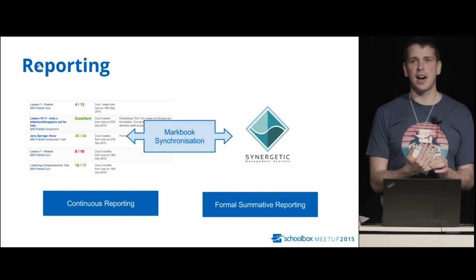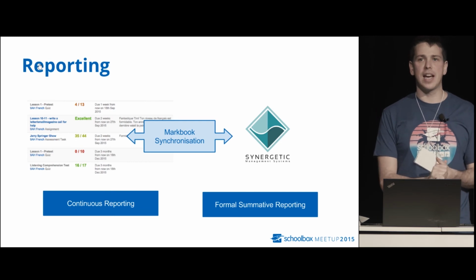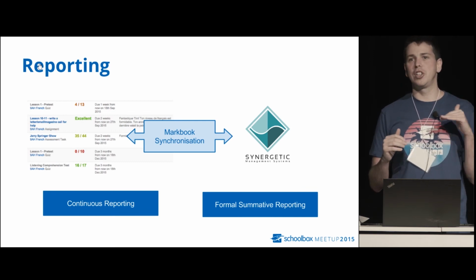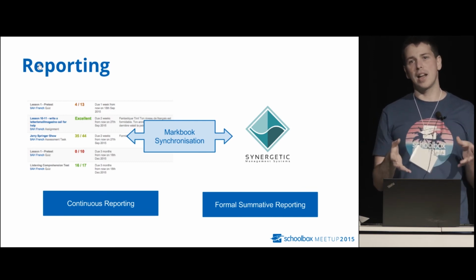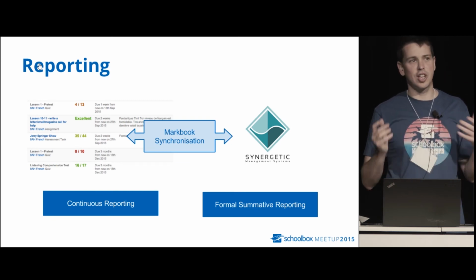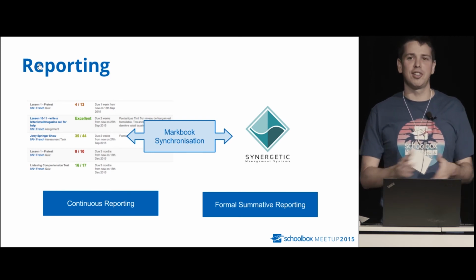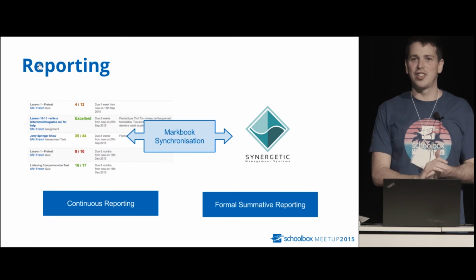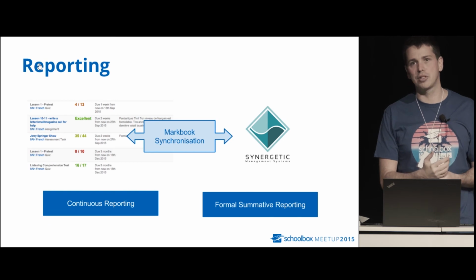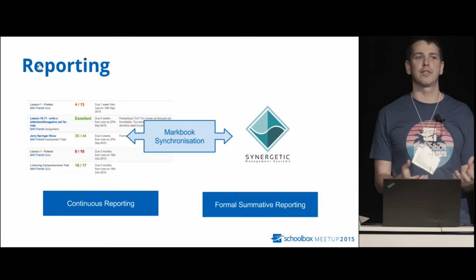So in the system, when you're defining your result sets and your customized grades, you'll find that there's both a lower bound and a normalized value. The lower bound is the point at which you become that grade, and the normalized value is the point at which we go from that grade back to a percentage. So just in terms of internally how things are working, every grade, and for teachers out there, you can block your ears now, every grade becomes a percentage internally in our system for transferring it between multiple systems. Specifically with the Markbook synchronization, we can't really synchronize all the different marking systems between all the different reporting systems.